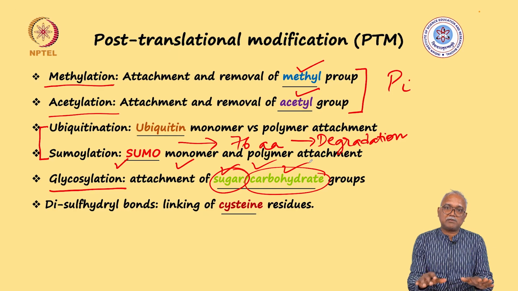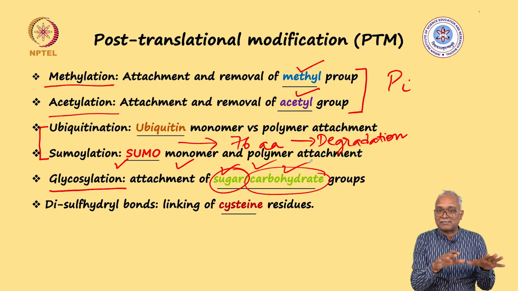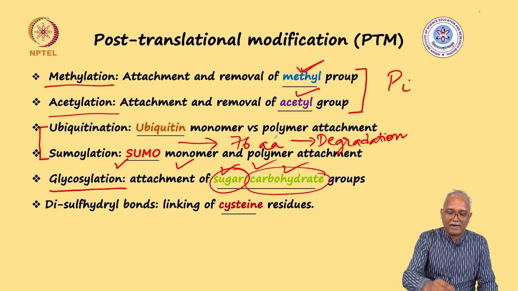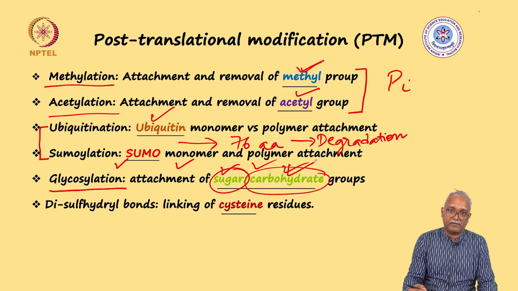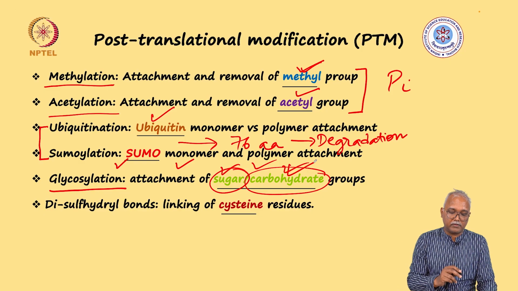In all these cases, what is happening is you are generating one form from an existing form. The other form which is being generated has a small attachment or a big attachment, or maybe sometimes a very big attachment and the polymeric form. This will end up regulating the function of that target molecule.